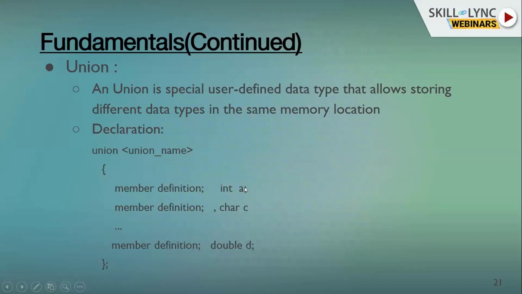If I want to see the size of this union type of variable, integer is 4 bytes, character is 1 byte, double is 8 bytes. So it will take the maximum of them, since we are just sharing the memory of all these. So the size of this union variable would be 8 bytes.